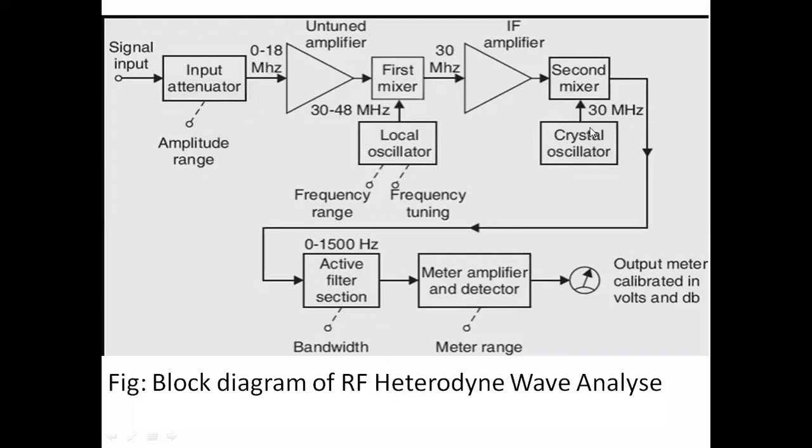In this mixer, we are using a crystal oscillator. The crystal oscillator produces a 30 megahertz frequency, and from the other side we are also getting 30 megahertz. So the difference of these two will be zero hertz, and at 0 hertz we have an amplitude.